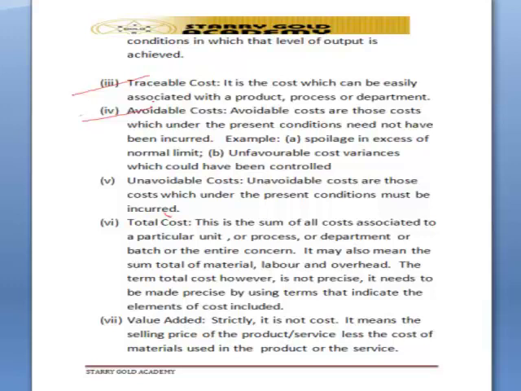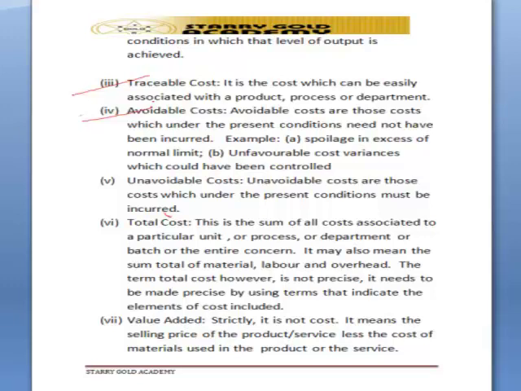Then we have the total cost. Of course, you know what total cost is: the summation of the variable and the fixed cost. Total cost is the sum of all costs associated with a product unit, process, department, batch, or even the entire consignment. It may also mean the sum total of material, labor, and overhead. The term total cost, however, is not precise.